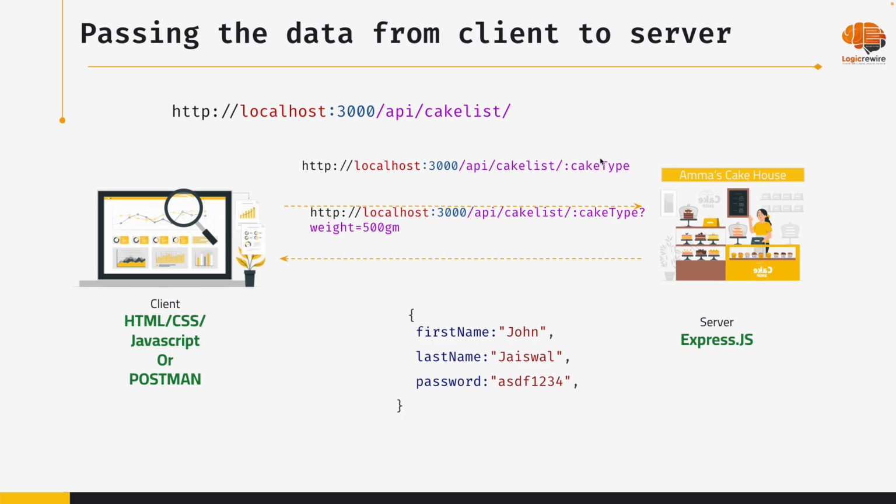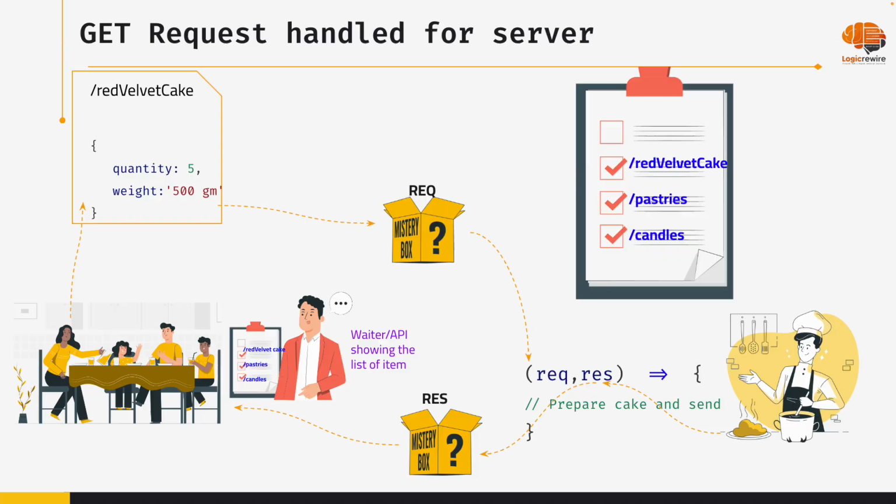If the data is passed as part of the URL, it is captured using some properties. If the data is passed using a question mark, there are other properties or methods to get the data out of that. If it is passed in the body, there is another property of the request.